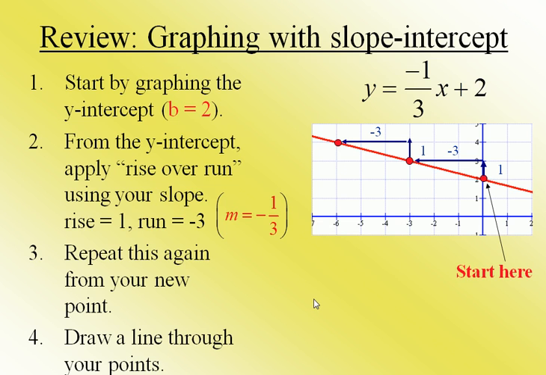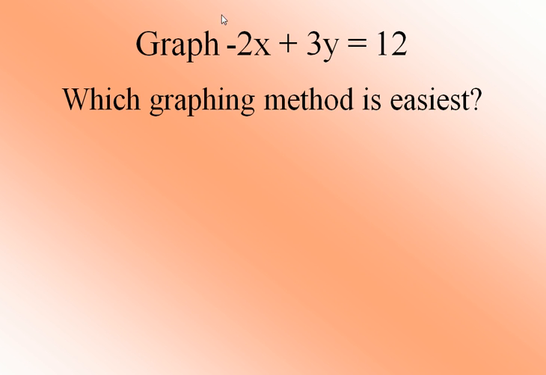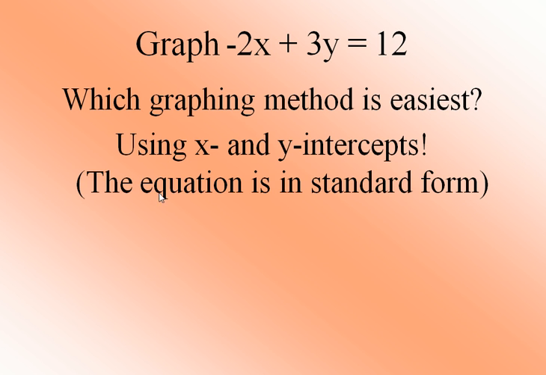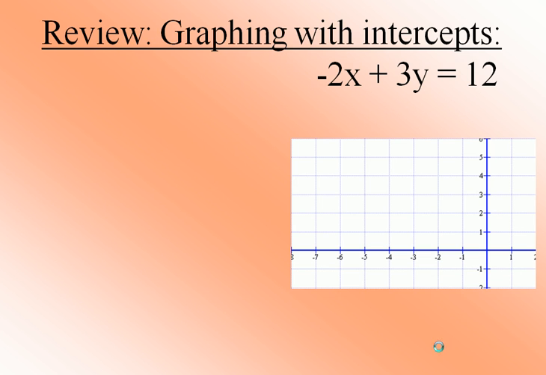And then the line is graphed. The next method is showing us this equation. Well, it's in standard form, so which one are we going to pick? Intercepts. So we're going to find our x and y intercept. Now, the way we do that is to plug 0 in for one of the variables, then that finds the intercept for the other.